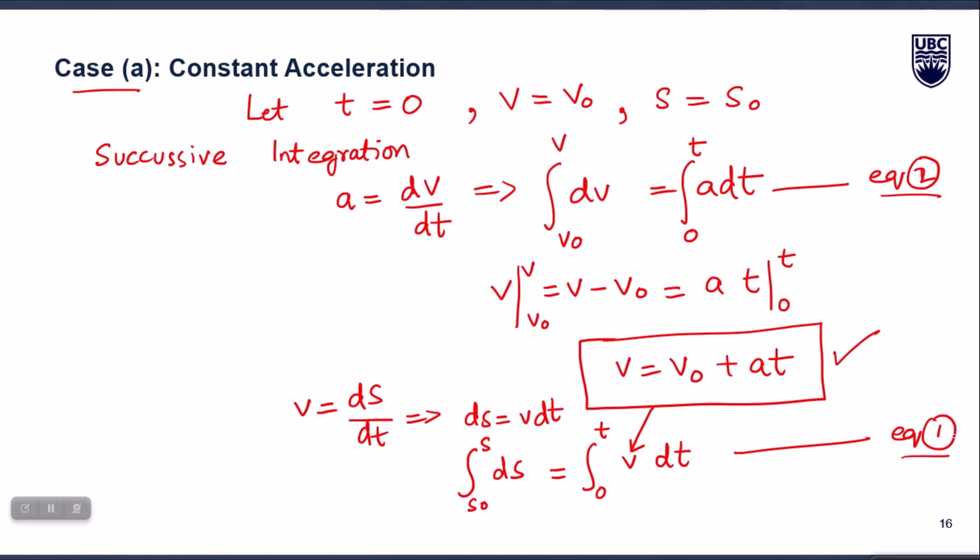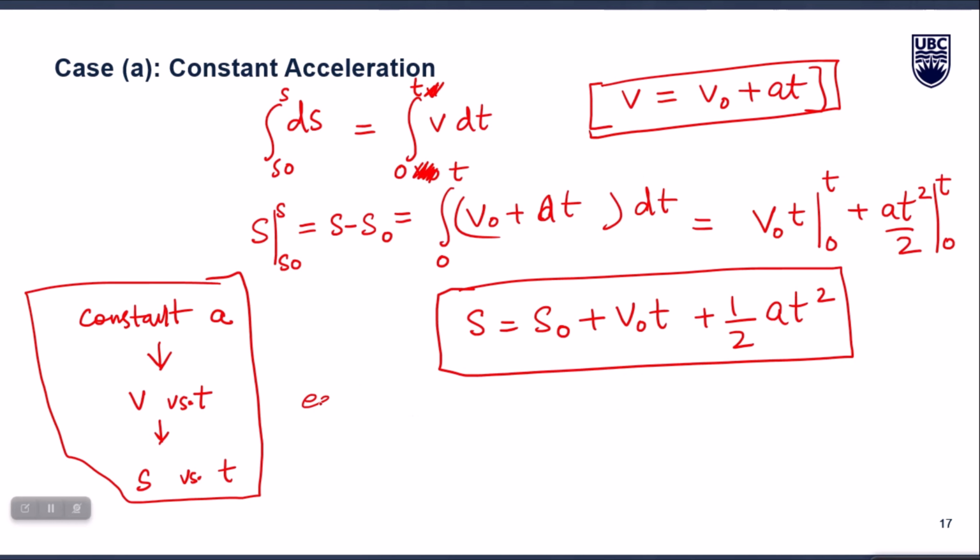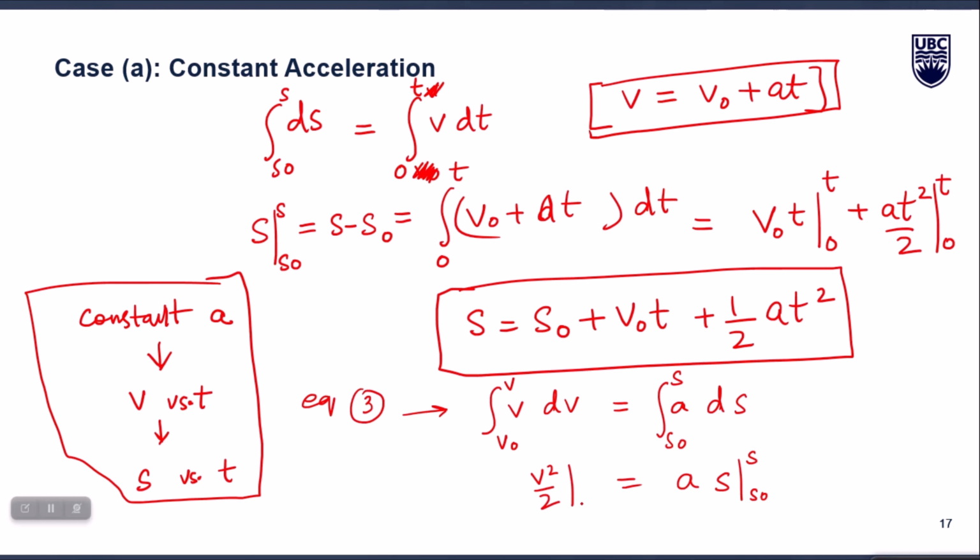If we apply the third equation, equation 3, which was V dV equals A dS, to this constant acceleration case, in integration form it becomes the integral of V dV from V naught to V equals the integral of A dS from S naught to S. If acceleration is constant, we can take A out of the integration, and then we will have S with limits S naught to S on the right hand side. On the left hand side we will have V squared over 2 with limits V naught to V.